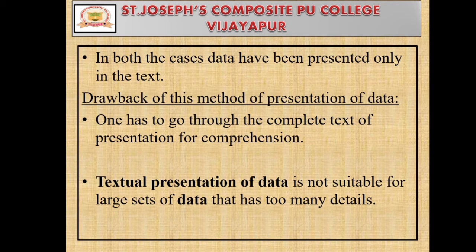Second, textual presentation of data is not suitable for large sets of data. If the data are small, we can easily judge the information. But when there is a large amount of data, we need to go through each and every observation of the data. This is one of the drawbacks.